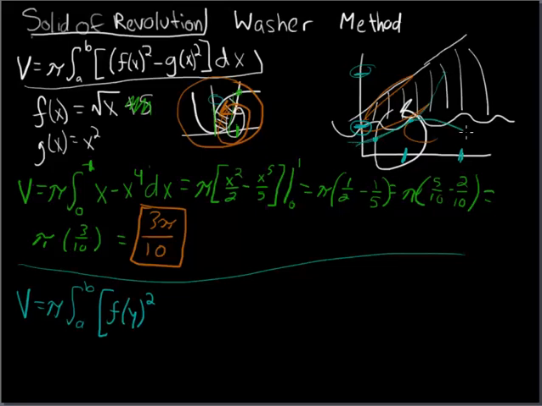Doesn't really matter. And then minus g of y squared dy. So that's another way of doing it. So if you ever have to rotate about the y-axis with the washer method, go ahead and use y and dy.